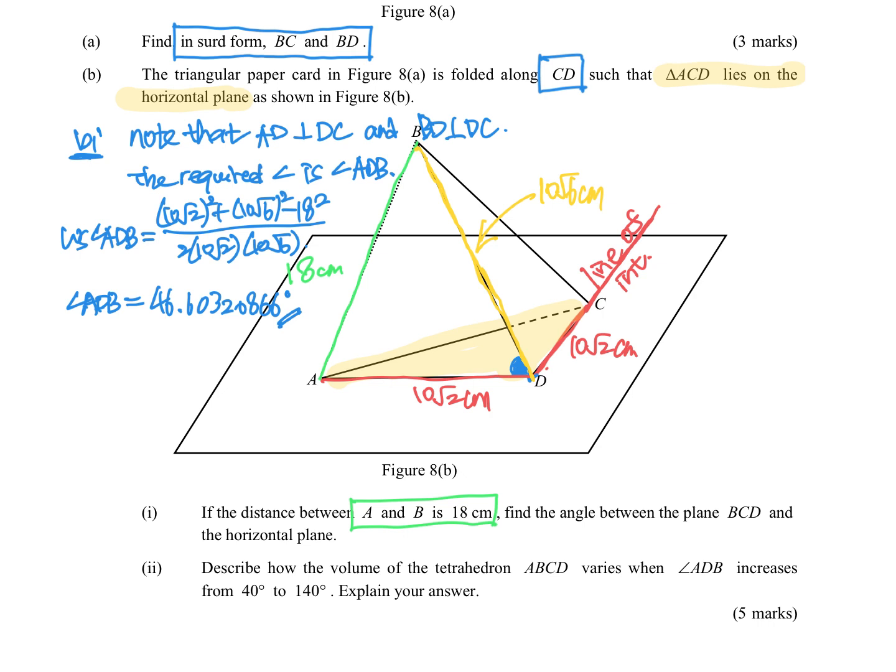And then for part B2, describe how the volume of the tetrahedron ABCD varies when angle ADB increases from 40 degrees to 140 degrees. Okay, I'm afraid BD is not the height. The height would be this.